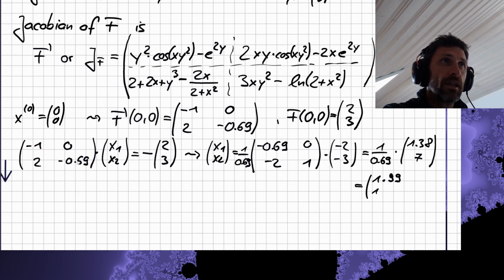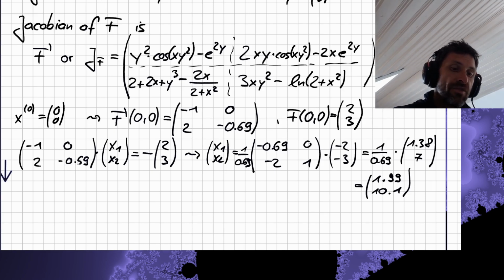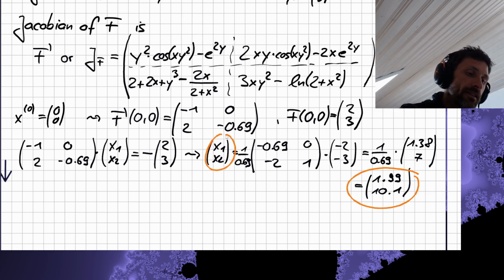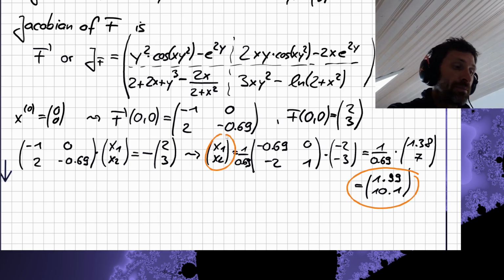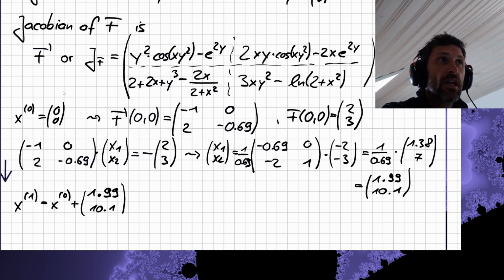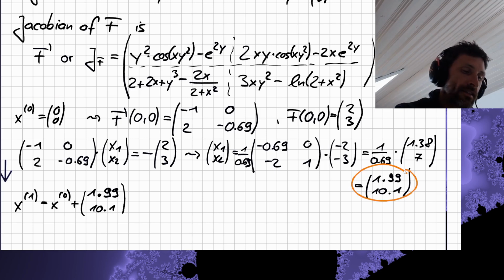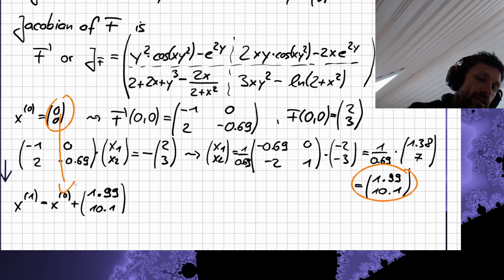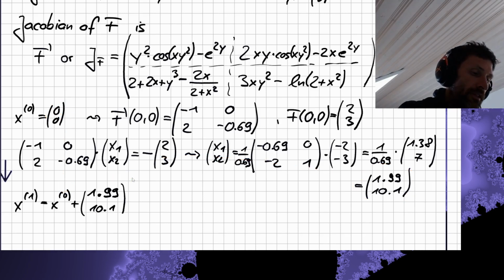Then multiply and use electronic help in this case. And so this is our x, and now we update x0 by doing what? Adding x0 and our x. Okay, adding them, we get the following.